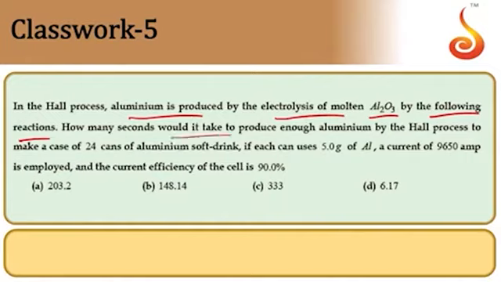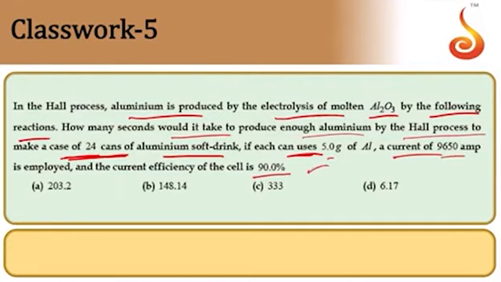How many seconds would it take to produce enough aluminum by Hall's process to make a case of 24 cans of aluminum soft drinks, if each can uses 5 grams of aluminum, a current of 9650 amperes is employed and current efficiency is only 90%.